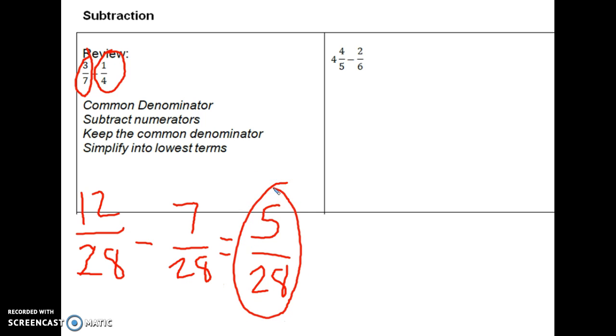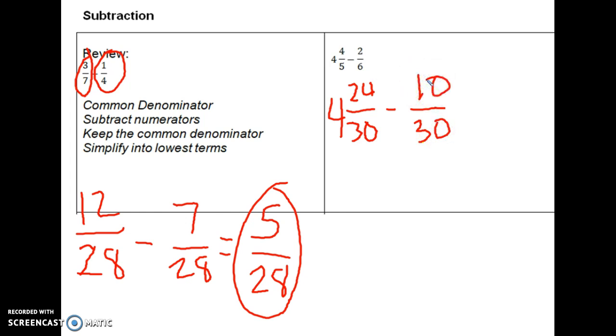Second problem, our common denominator would be 30. The whole number of 4 stays. We're going to change the 5 to a 30 by multiplying by 6. So you also have to multiply the 6 by 4 to get 24. And then we have to change that 6 in the second fraction to a 30 as well by multiplying by 5. So 2 times 5 is 10.